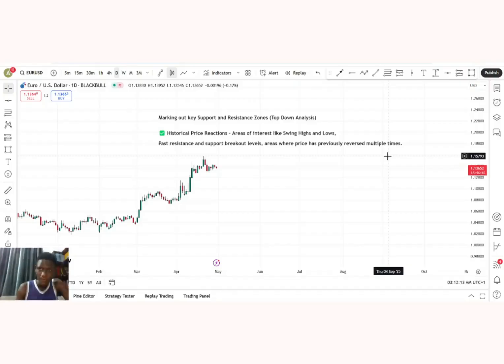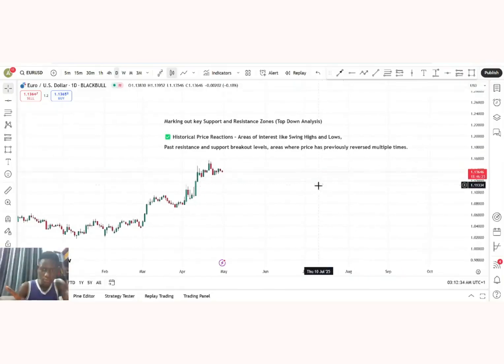The selling market will always sell to a good support zone, and then the support might hold the price back to another resistance, depending on the direction or the flow of the market, if it's a ranging market, an uptrend or a downtrend, as the case may be. So you want to mark out these levels of interest because in the market we are trying to buy at a good support, and then we are trying to sell at a good resistance level.